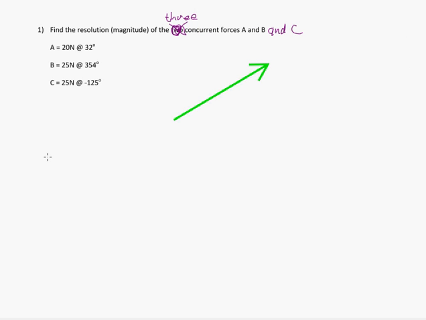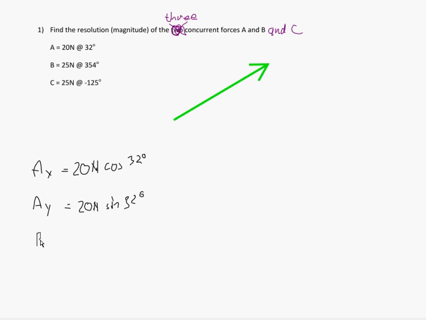So let's do it. I'm going to find ax and ay first, so that's going to equal 20 newtons cosine 32 degrees, and ay equals 20 newtons sine 32 degrees.